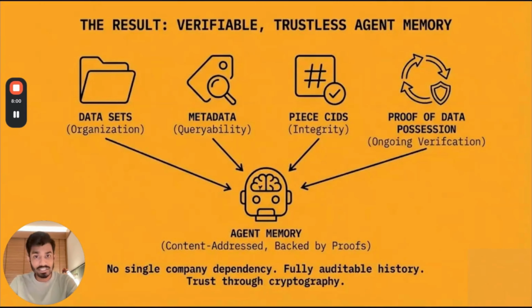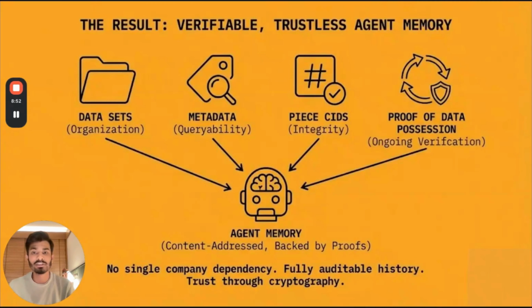What you end up with is a storage layer where agent memory is content-addressed and verifiable, backed by cryptographic proof instead of trust. Your agent's history lives on infrastructure that doesn't depend on any single company staying online or keeping promises. Anyone who needs to verify what happened can actually examine the proofs themselves. Datasets give you organization, metadata gives you queryability, PieceCIDs give you integrity, and proof of data possession gives you ongoing verification.